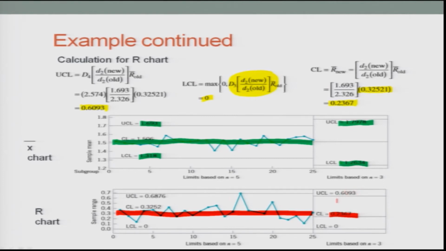The upper and lower control limits I calculated are 0.6093 and 0, and in the initial case these values were 0.68 and 0. So, this 0 value remains the same, while the upper control limit changes.